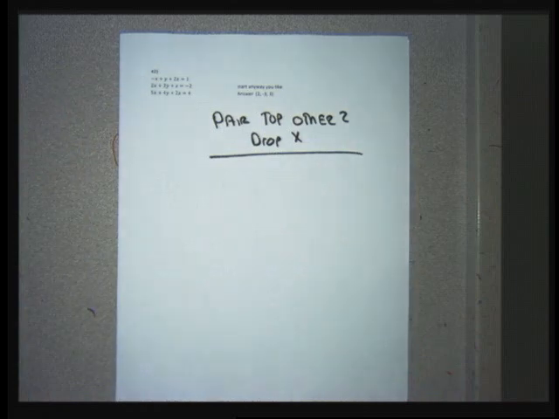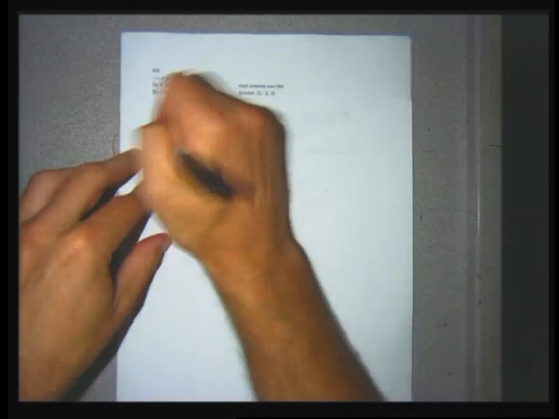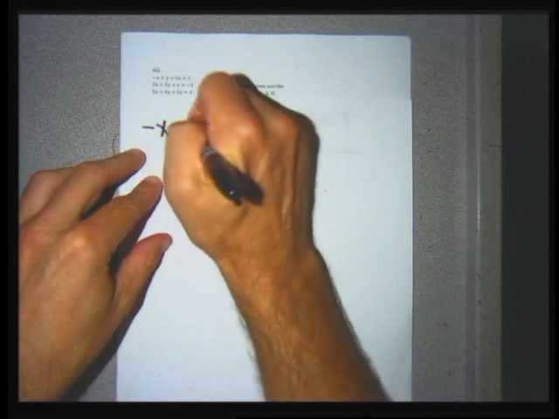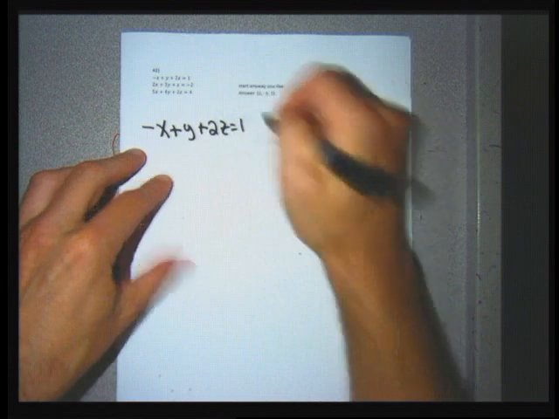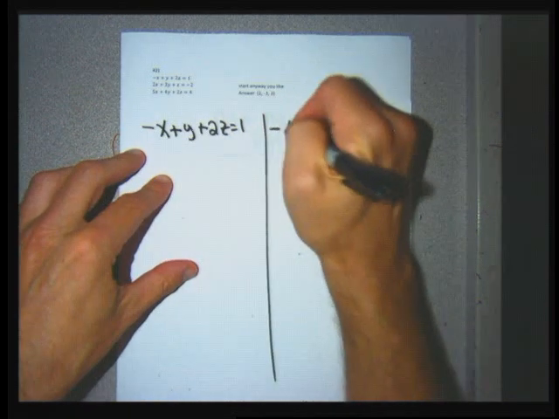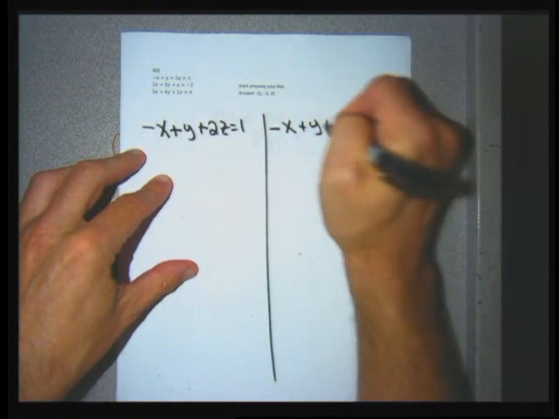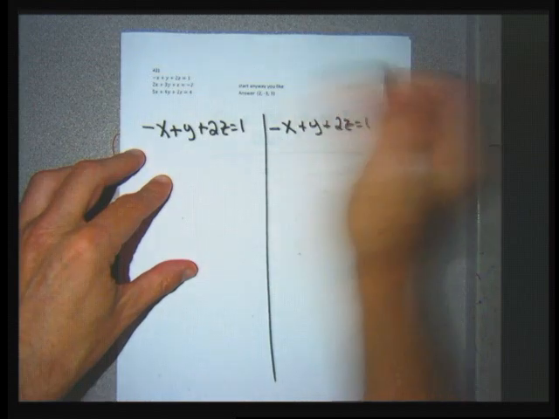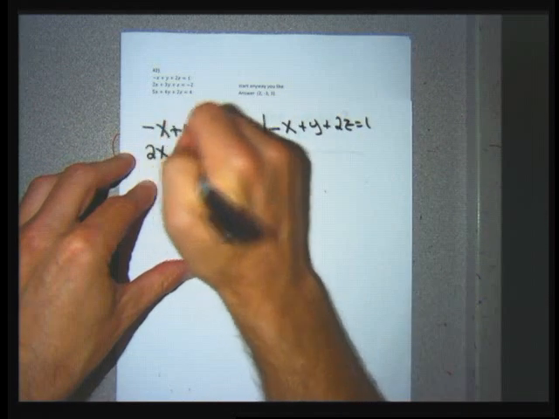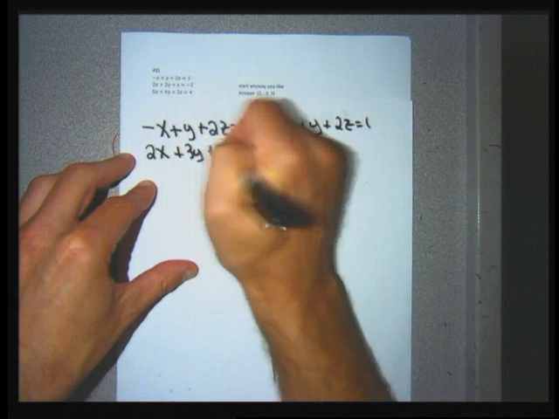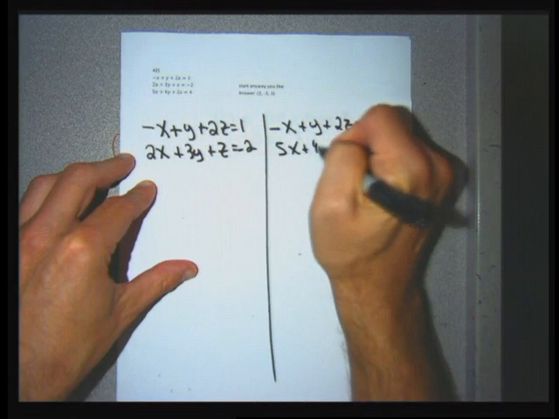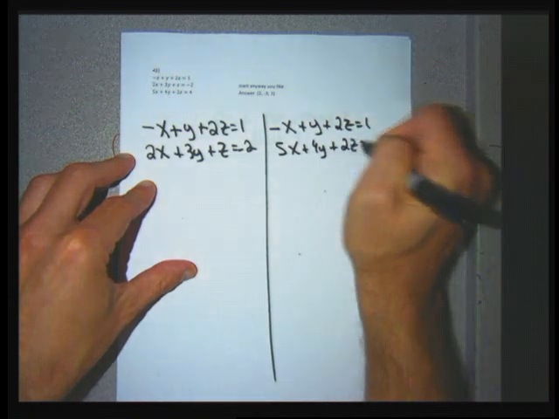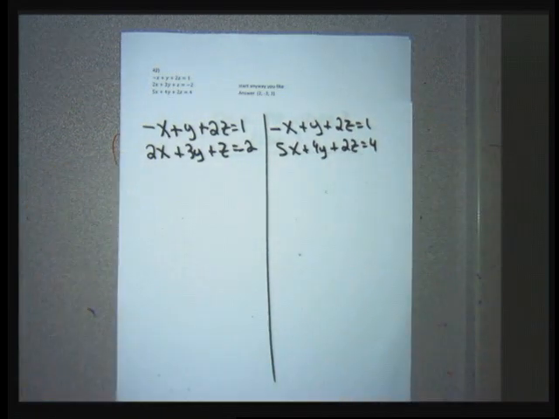Which means I need to write that top equation down, negative x plus y plus 2z equals 1, twice. Once I put it on top of the middle equation, once I put it on top of the bottom equation. So now I've done what I decided to do.